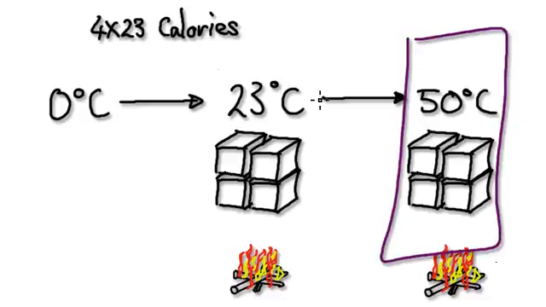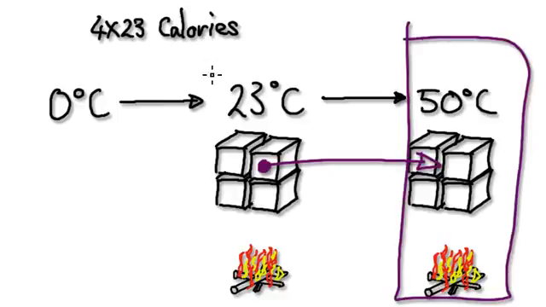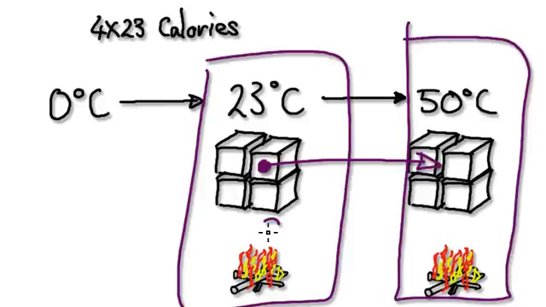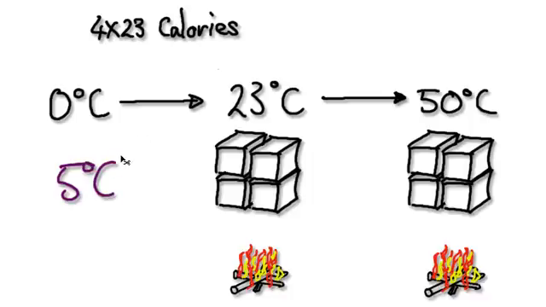If you want to know the amount of energy needed to raise the temperature from here to here, you can just simply get this, take away this, and that will give you the gap in between. It doesn't matter where you start. You can start at 0 degrees, you can start at 5 degrees. It doesn't matter.